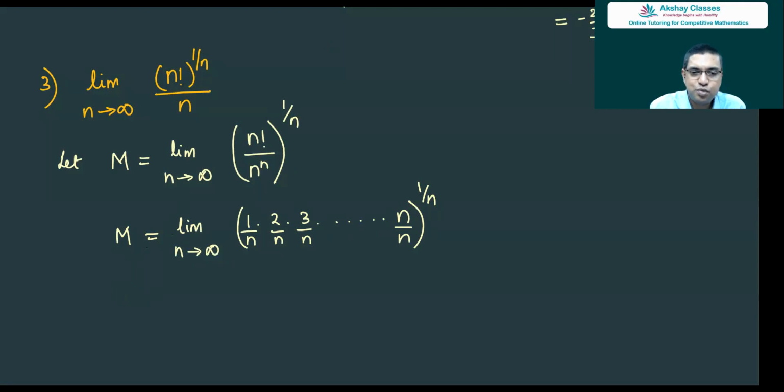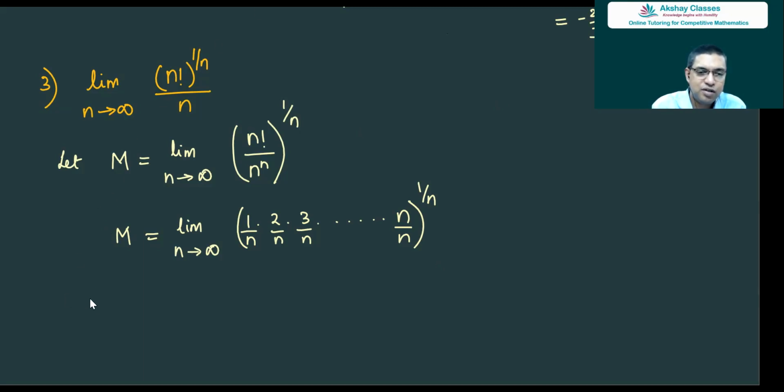How to convert this to a sum? It's a product. I have to convert this to a sum. Sir, applying log. Yes, very good. Who was it? Prasanna also answered that. Good.